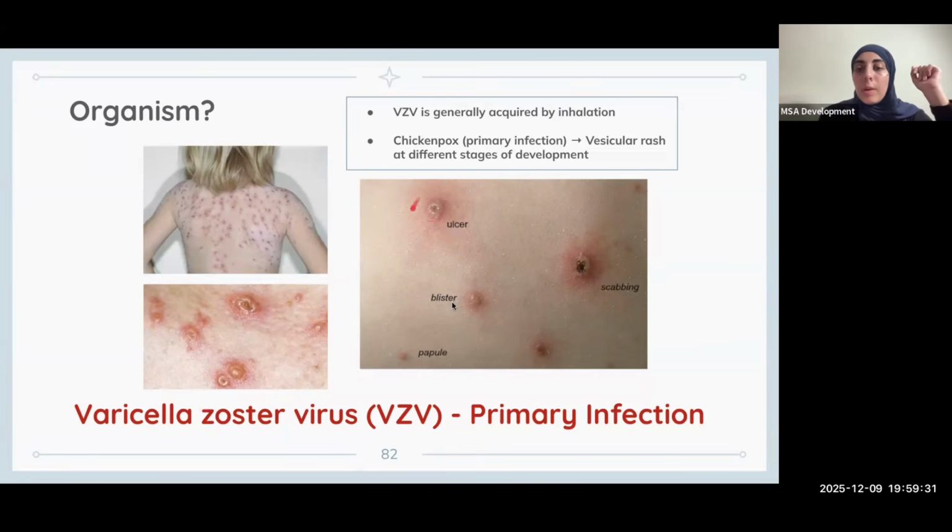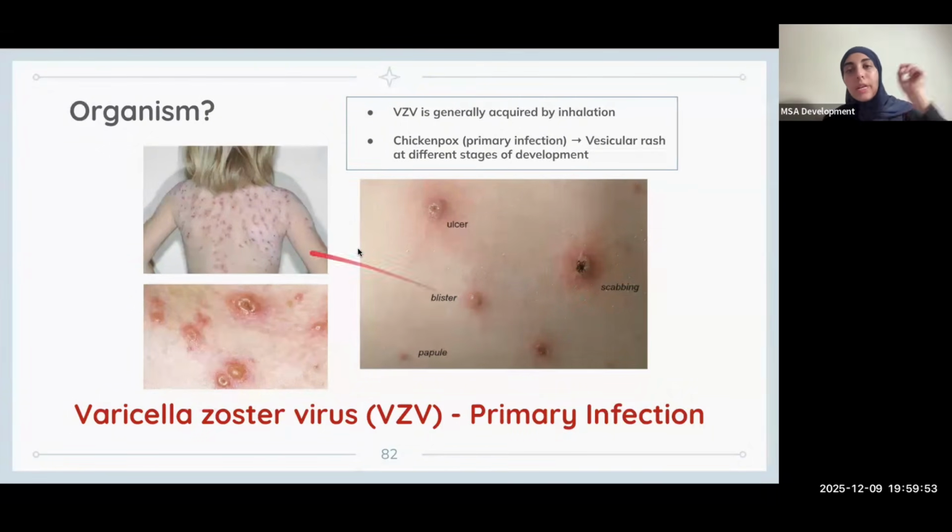So you will see a blister, and it starts with the papule, this tiny papule, and then it will form a blister or a vesicle. Okay, and then the vesicle will ulcerate, you get an ulcer, and then the ulcerated vesicle is gonna rupture, and you're gonna get scabbing. So these are all different stages of the same lesion.